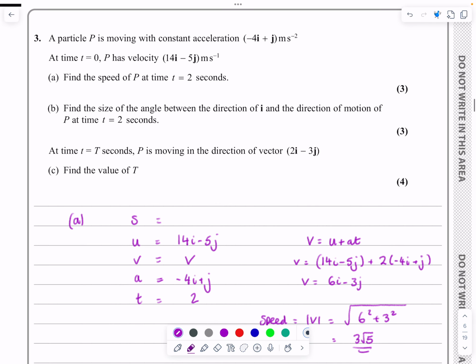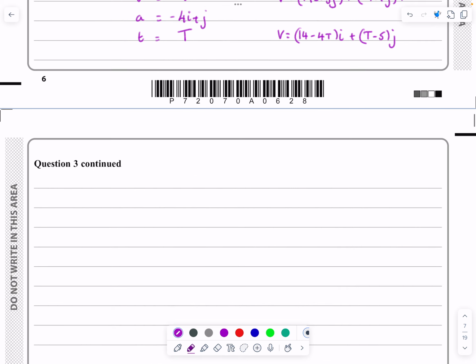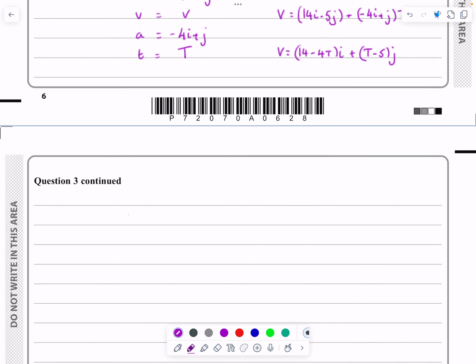Well, I know that it's in the direction of 2i minus 3j. So it's parallel to 2i minus 3j. So v equals (14 minus 4t)i plus (t minus 5)j is parallel to 2i minus 3j.